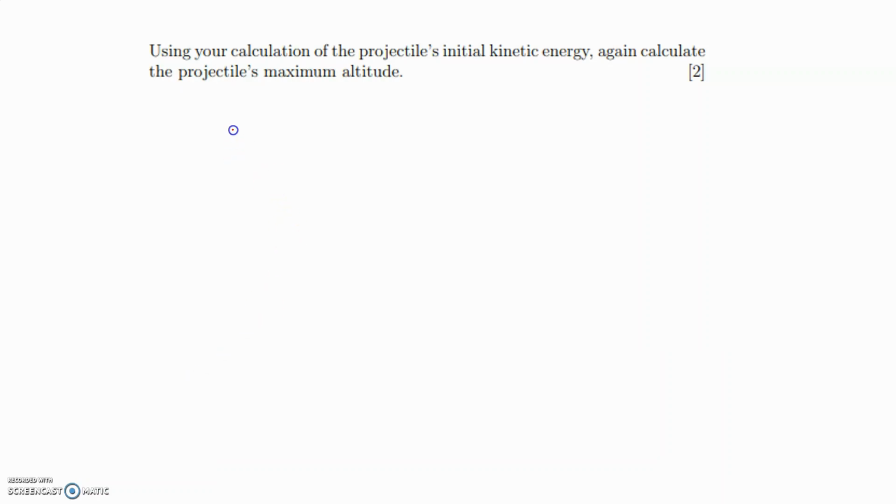involved that you've studied. So the kinetic energy that the projectile had in the vertical direction we calculated as 1.5 times 10 to the 5 joules, and the kinetic energy will be transferred to gravitational potential energy.